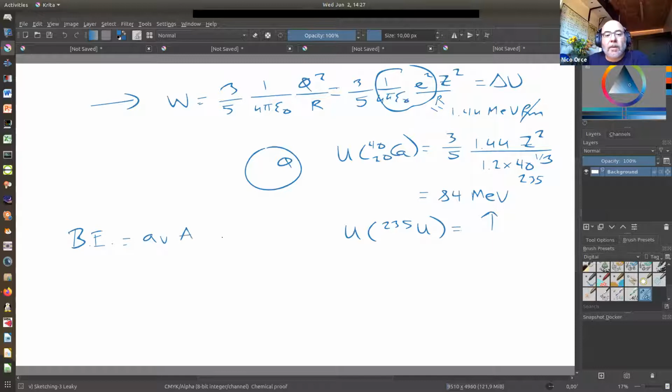A_V A minus A_S A to the 2/3. And then again, now we have minus, and we can put all these things into a constant, which we're going to call A_C. And then we're going to have Z squared over A to the 1/3.